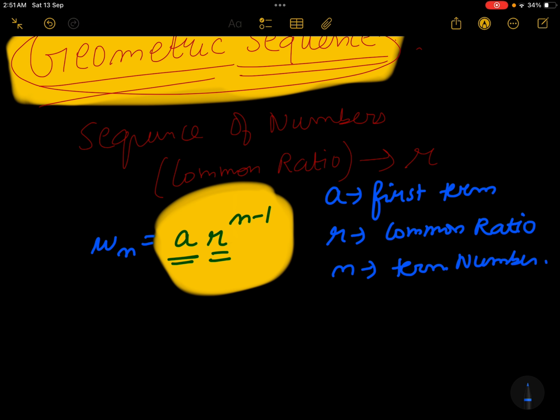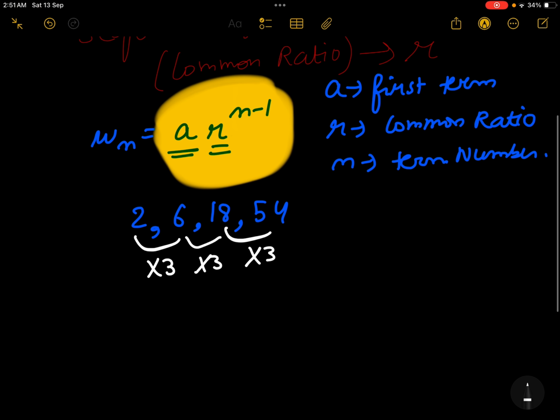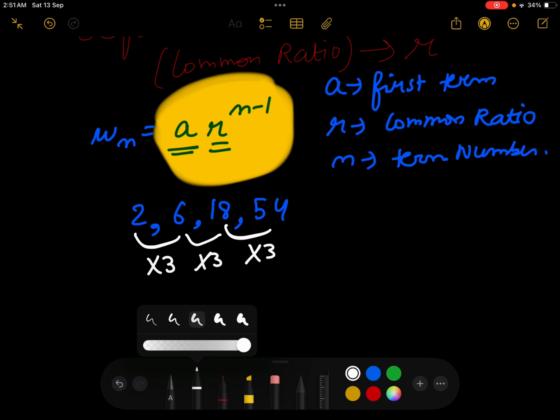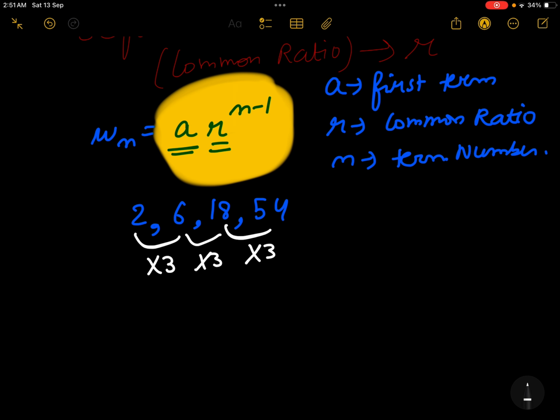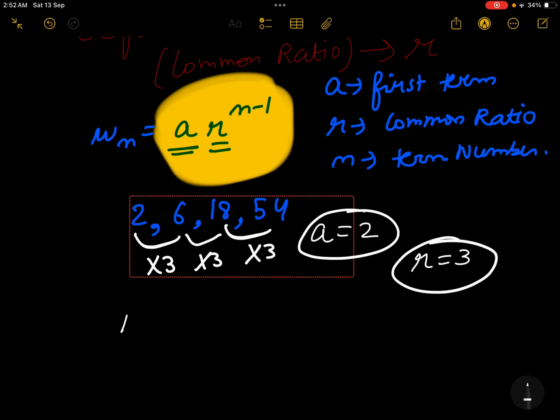If we have 2, 6, 18, 54, is this a geometric sequence or not? This is multiply 3, multiply 3, multiply 3, so this is a geometric sequence. For the general term, a is the first term 2 and the common ratio is 3.